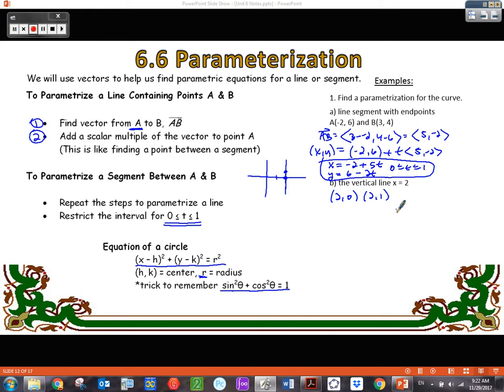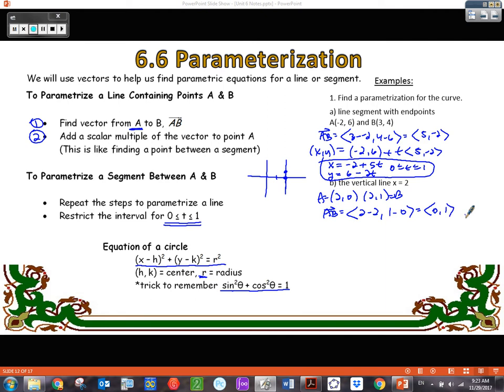So now we're going to go through the same procedure. This is going to be our point A, and this is our point B. We're going to write our vector. So vector AB is going to be 2 minus 2, right? And then 1 minus 0. Or our vector is going to be 0, 1. That's basically a vector in simplest form, 0, 1.